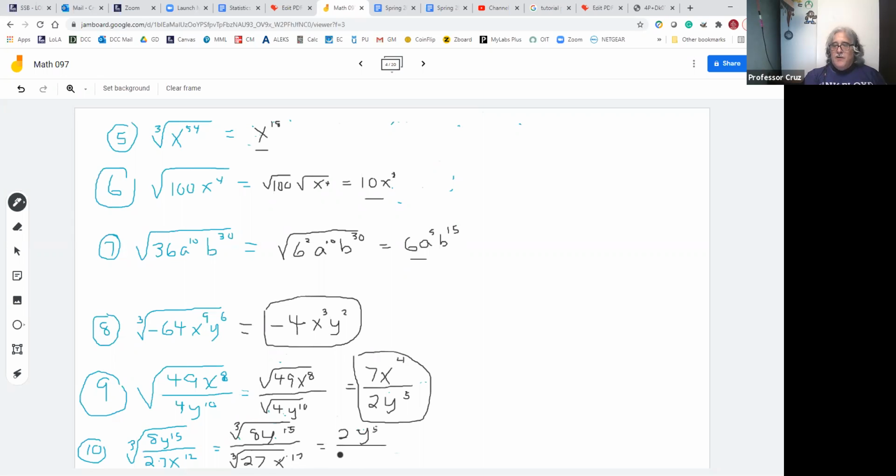Cube root of 27 is 3. And 3 into 12 is 4 times. 3 times 3 times 3 is 27. X to the 4th, times 3, or to the 3rd power, is x to the 12th. 2 cubed is 8, and y to the 5th cubed is y to the 15th.